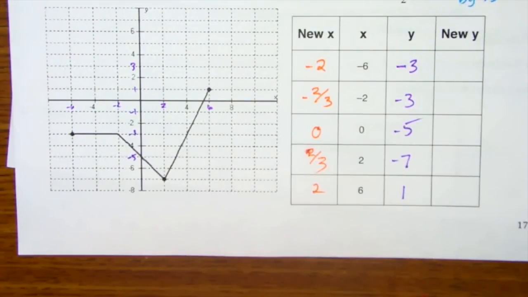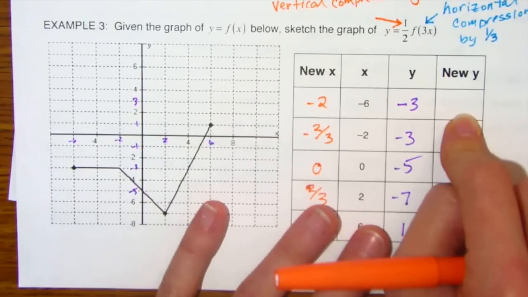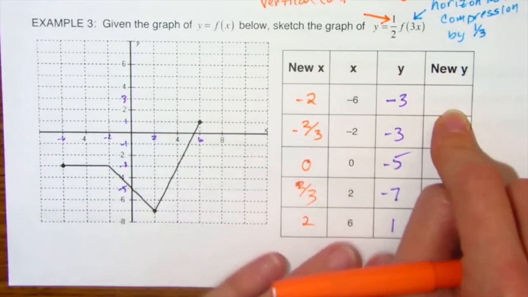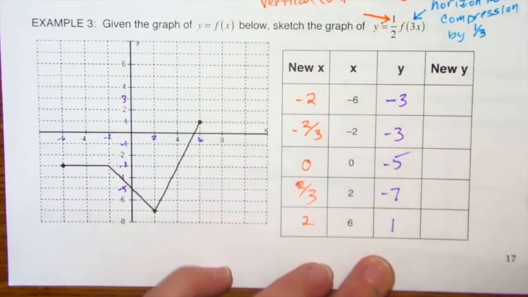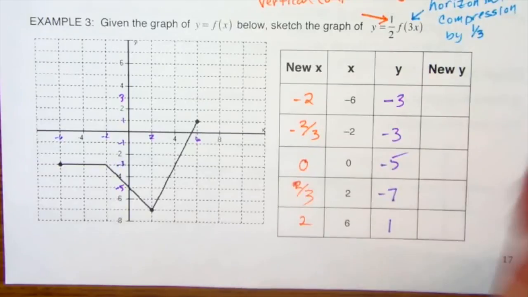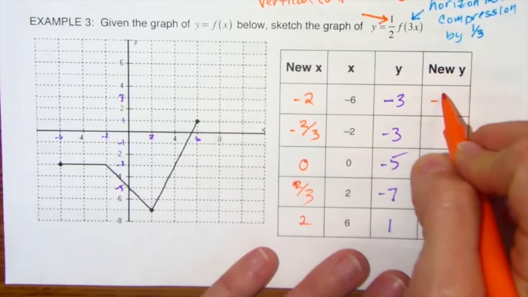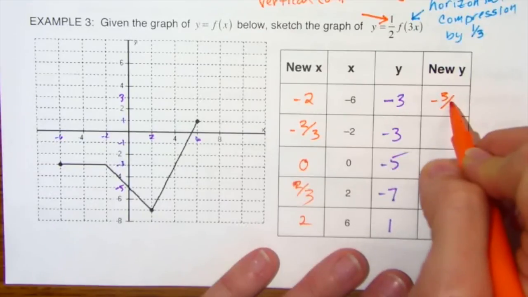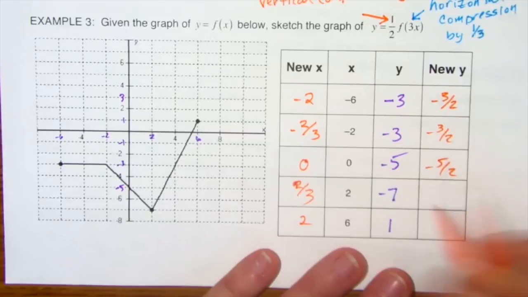Okay, and then our new y, what are we doing to each y value? Yep, so we're going to multiply by half, which is dividing by 2. So this becomes, and really, we just go through and divide everything by 2 here.